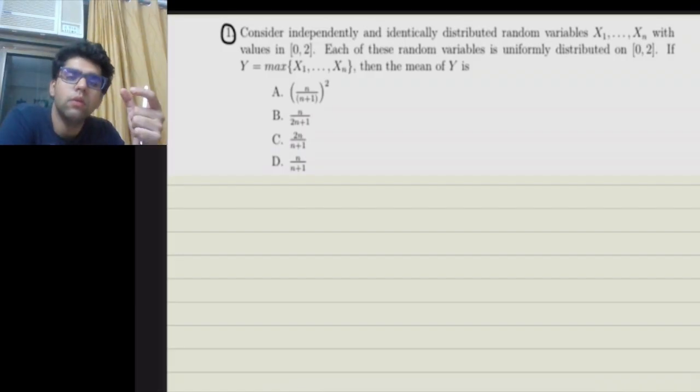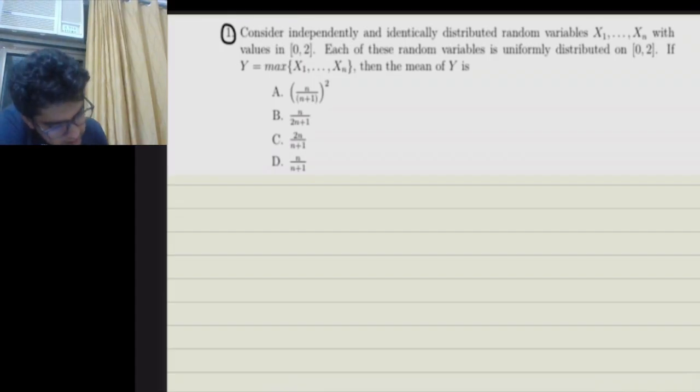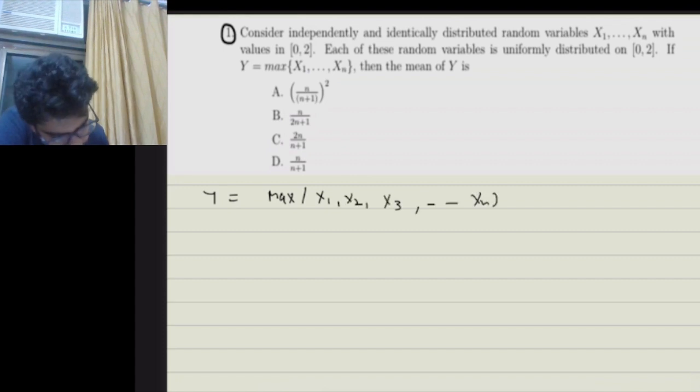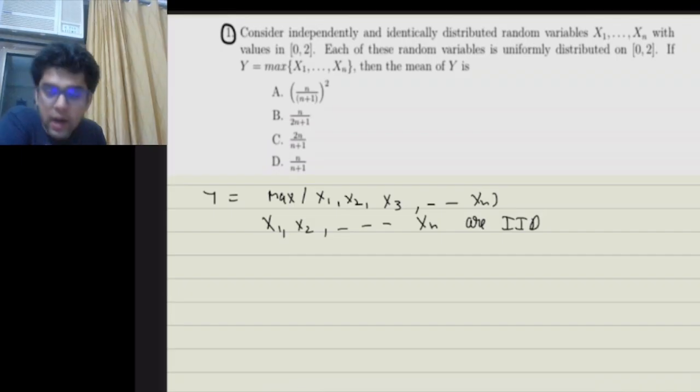The basic idea is that y is the max of x1, x2 till xn, and they are independently and identically distributed. So x1, x2 till xn are IID random variables.